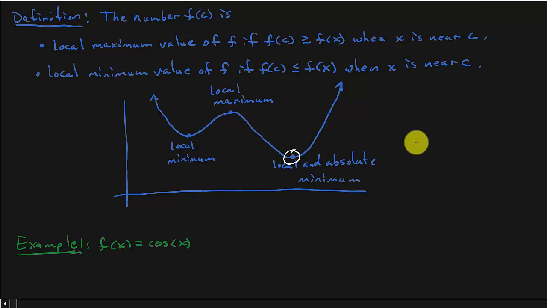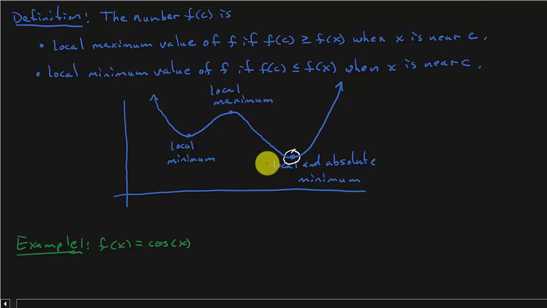Absolute max and min is not always going to be over the entire domain of the function. You'll see later when we work some of these problems that they say, what's the absolute maximum and minimum value of this function on this interval? They may tell you we just want to know on this interval. But right now we're looking at the entire domain, and you can see there's no value that's smaller than that.